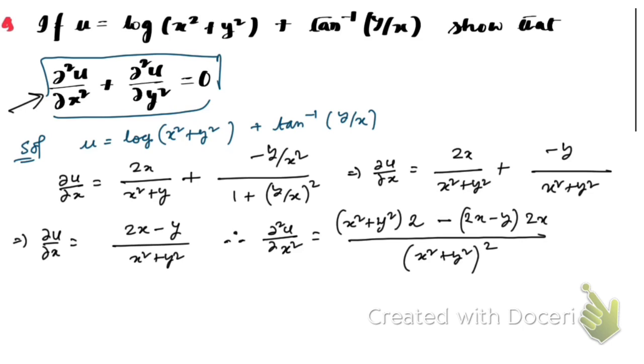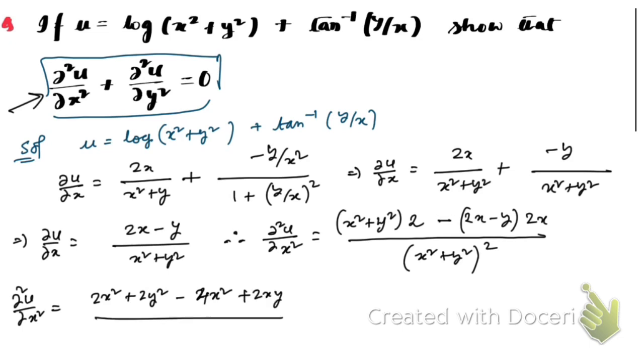Okay, now if you simplify all these things, what are you going to have? 2x square plus 2y square minus 4x square, then plus 2xy, divided by the denominator, which in this case is x square plus y square whole square, right?